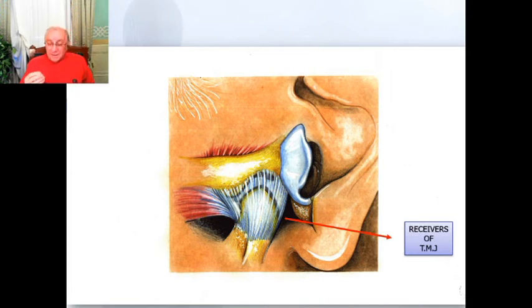And if something happens, if we invade this area, the central nervous system, that means our brain, knows very well that it's very dangerous. And that's why nature put the main receptors there.